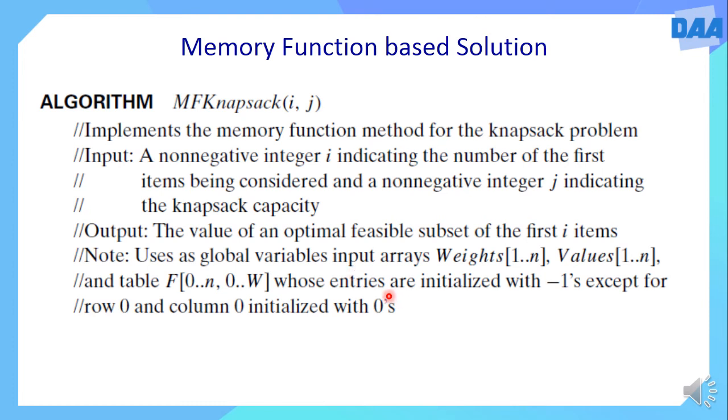One more assumption is that all values except the first row and first column are initialized with -1. I repeat, the column indexed with 0 and the row indexed with 0 are initialized to 0. All other values are initialized to -1.